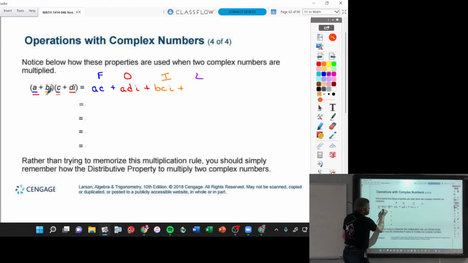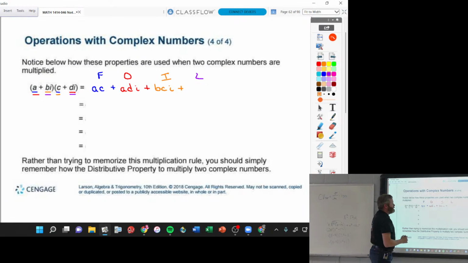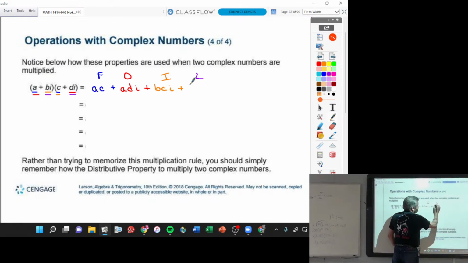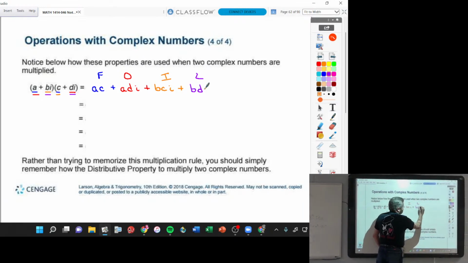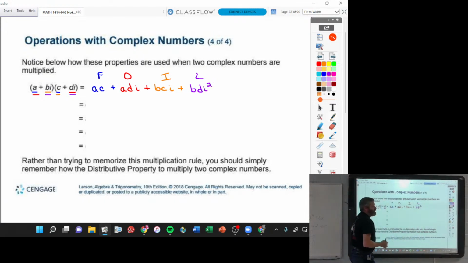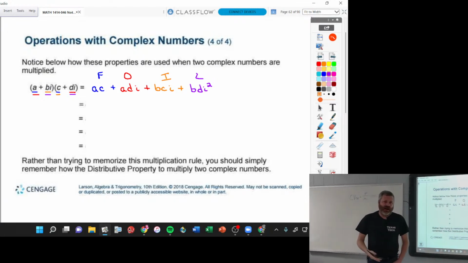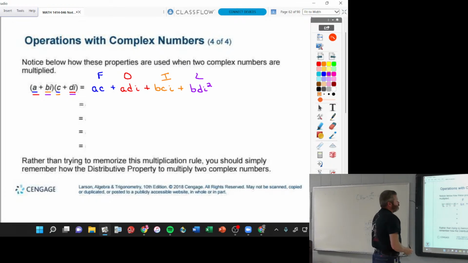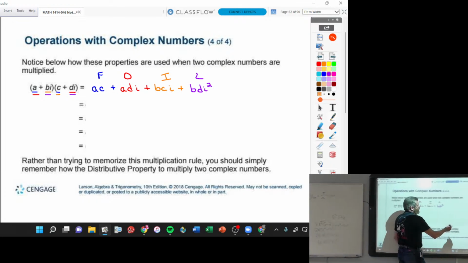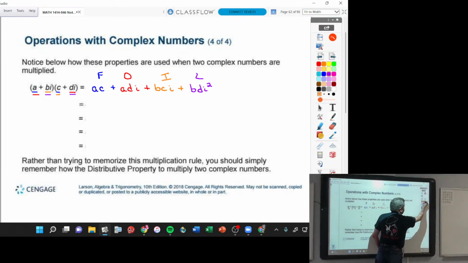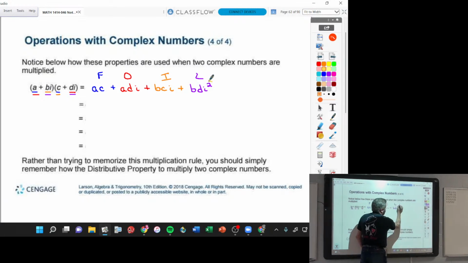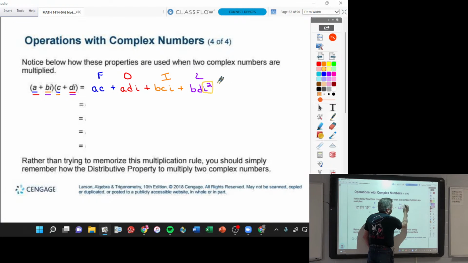Last times last, BI times DI. That would be BD, but that I is being squared because you have that I times I. I'm treating that I like a variable for right now. Well, this is where a little switch is going to happen. Because I squared, as mentioned a while ago, is the same thing as negative 1.